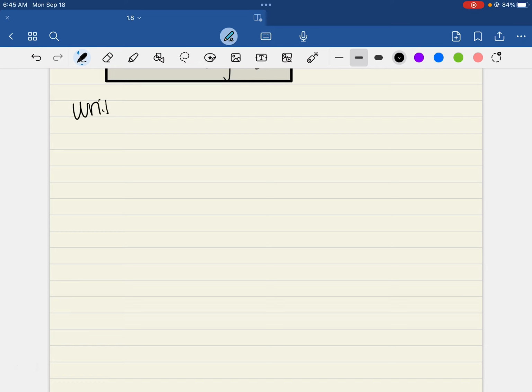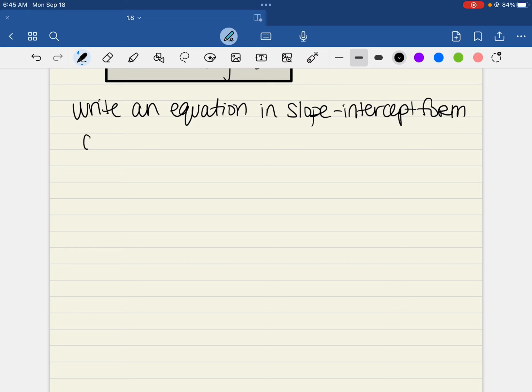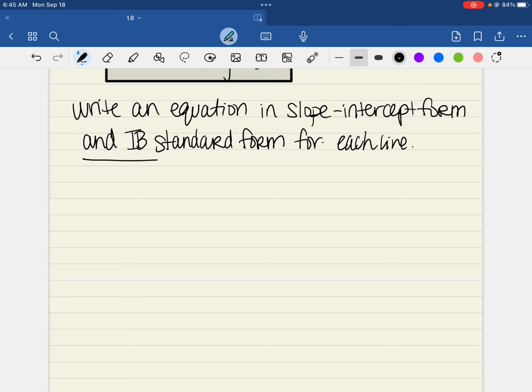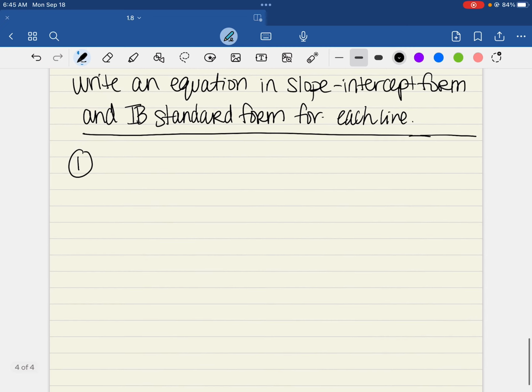So the instructions are to write an equation in slope-intercept form and standard form for each line. So question 1 of this section.